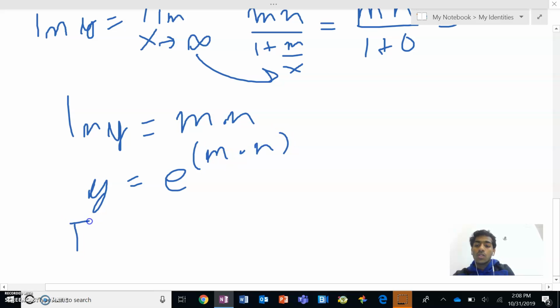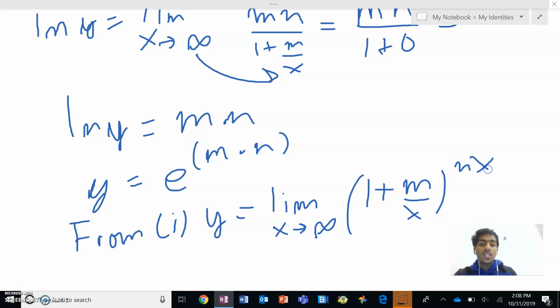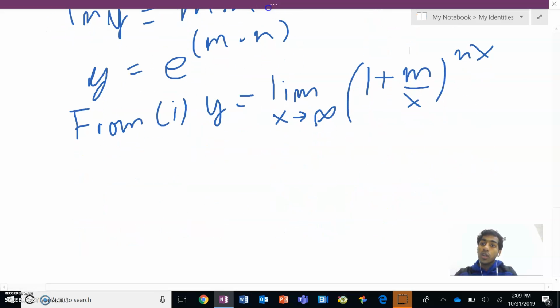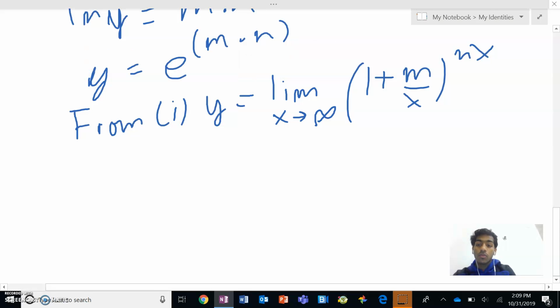And now from equation 1, y would be equal to the limit as x approaches infinity of (1 + m/x)^(nx). So by that definition, in the direct equality, I would be getting a function. And now that's going to be the proof of my identity as well.